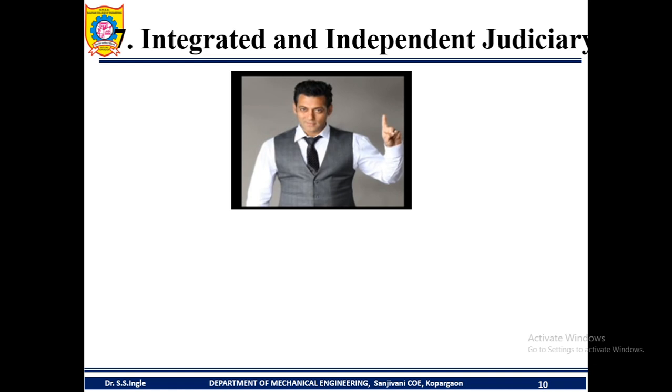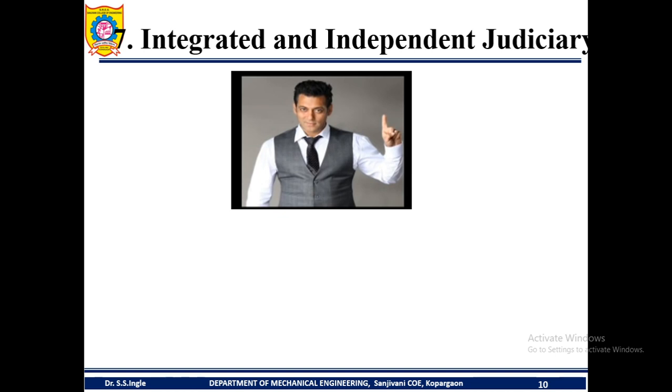The seventh salient feature is integrated and independent judiciary. Indian Constitution establishes a judicial system that is integrated as well as independent. The Supreme Court stands at the top of integrated judicial system in the country. Below it, there are high courts at the state level.